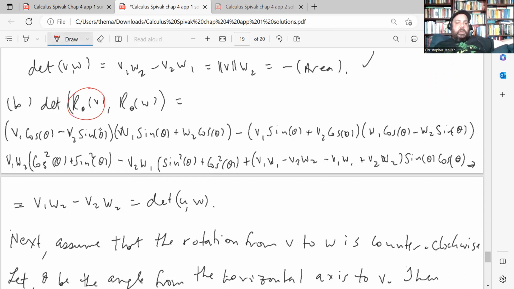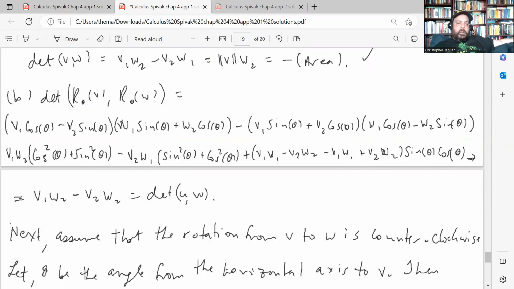The determinant says take the first coordinate of V times the second coordinate of W minus the second coordinate of V times the first coordinate of W. That's what I'm doing here, and then I'm simplifying and using some trig identities. When you simplify everything, you get V1 W2 minus V2 W1, which is the determinant of VW. So that shows that rotating doesn't affect the value of the determinant.